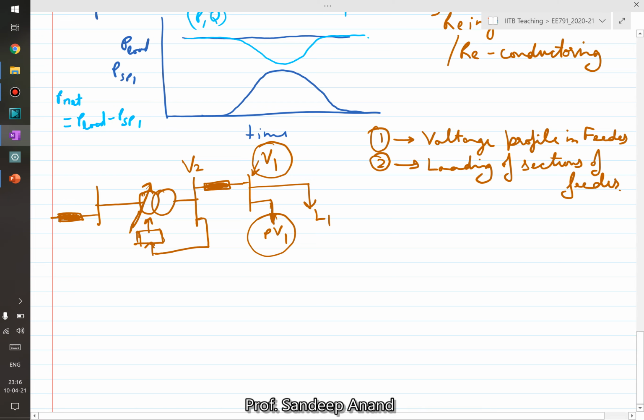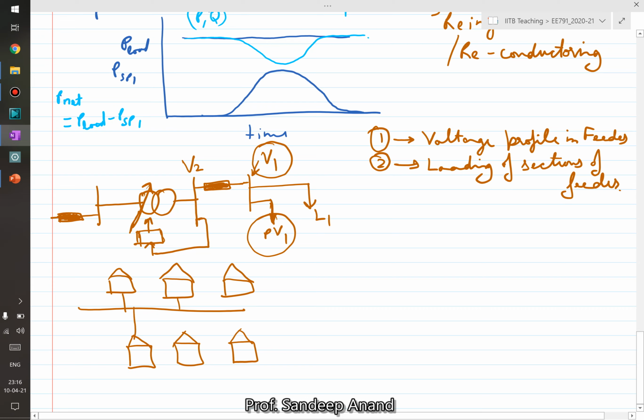But now, let me give you an imaginary view. Let's say this is that feeder and these are the houses which are connected. This feeder is feeding power to them.